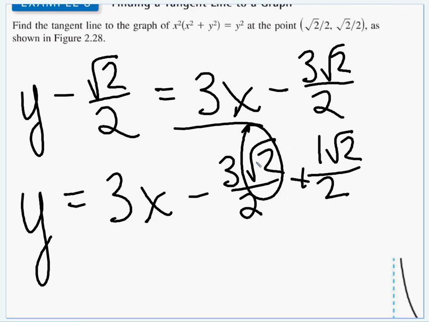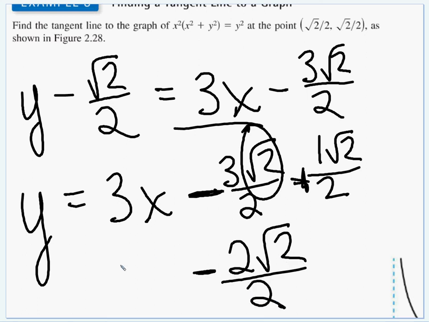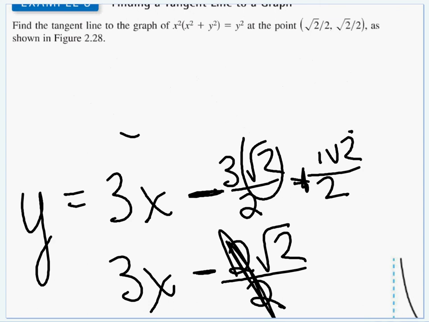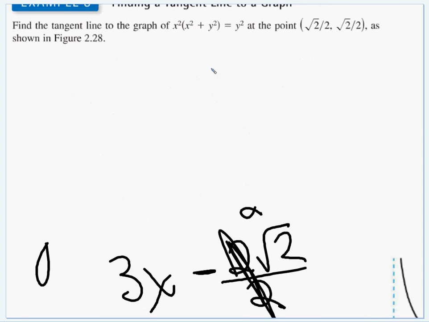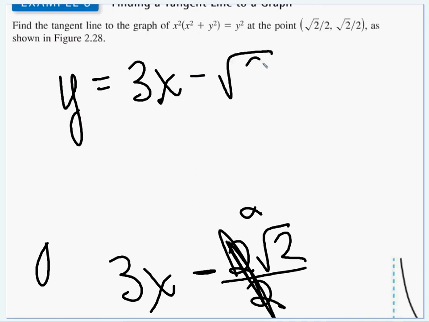So we've got 3 of those root 2's plus another one of those root 2's. Oh, I forgot that was a minus 3 and a plus 1. Minus 3 plus 1 is a minus 2 root 2 over 2. And then those 2's are going to cancel. So our final tan line is y equals 3x minus the root of 2.